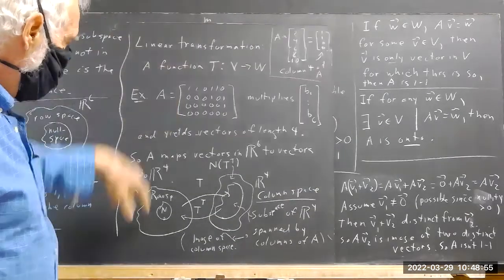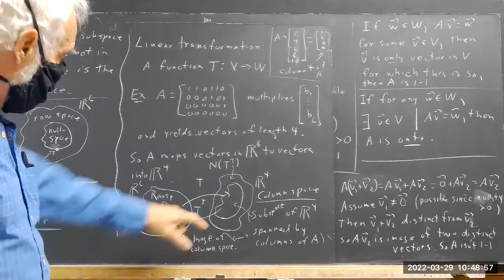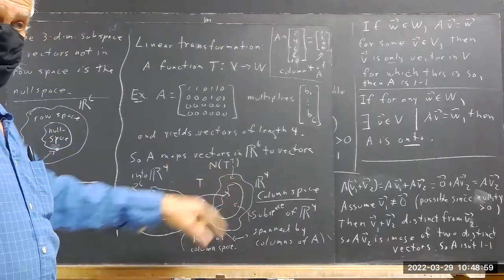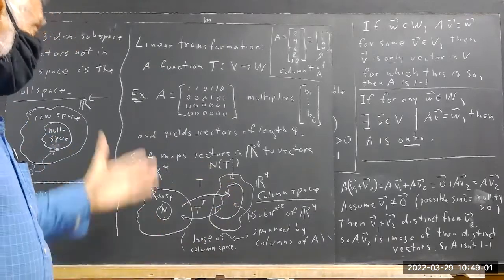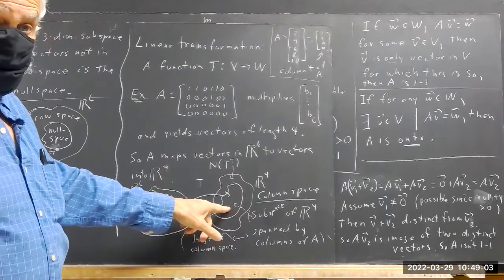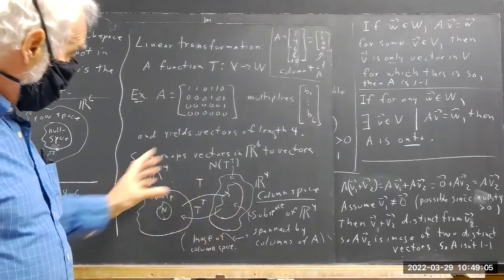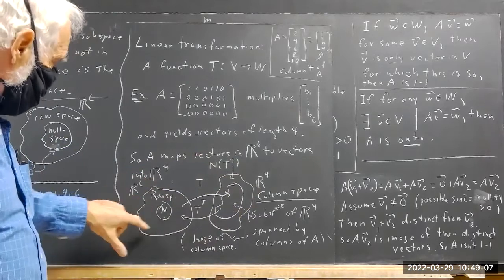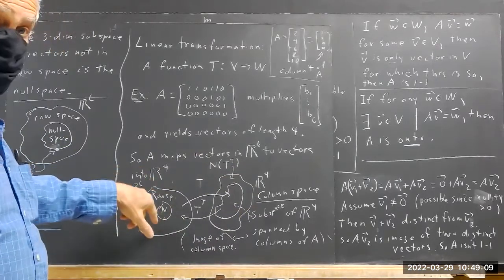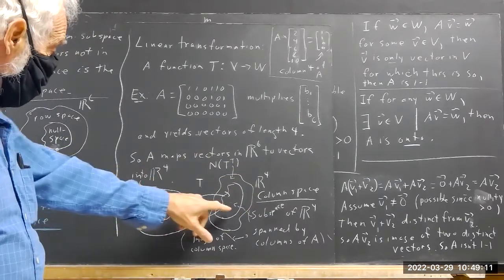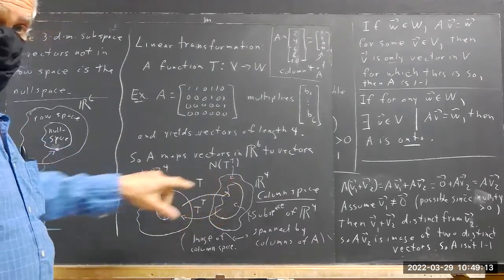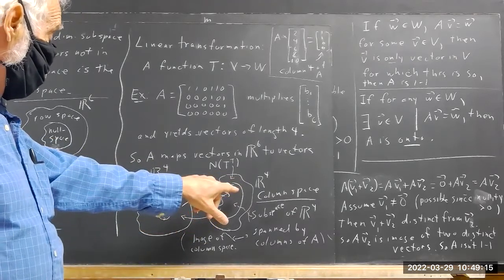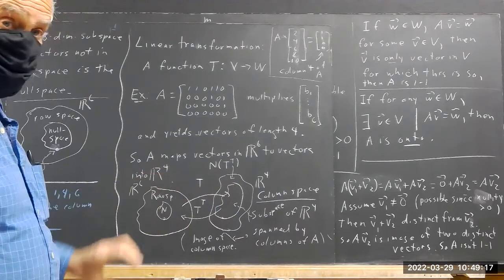I've looked at everything but this. The range would be this, which we can identify with the column space. The range is everything that you get when you transform all these vectors. They all live here, and everything here is the image of something over here.